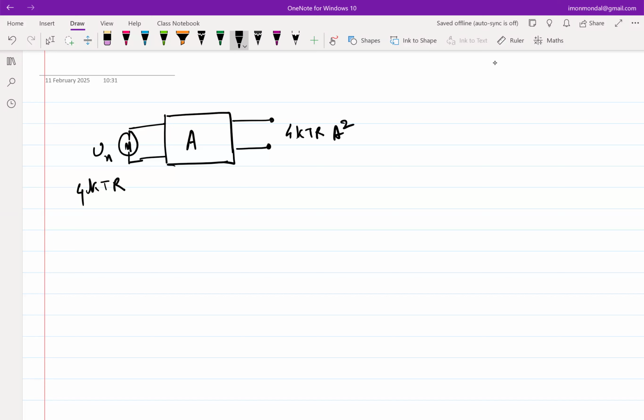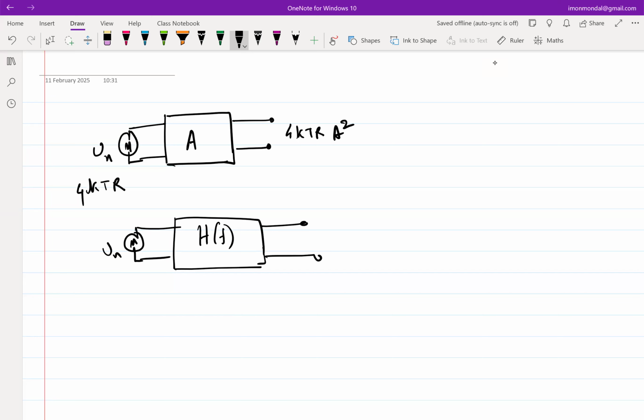But let's say A is not constant across all frequencies, and I call it h of f. In the same case, what will the output be, and how do you go about thinking about it? It is just pure multiplication of the input and h of f in the frequency domain.